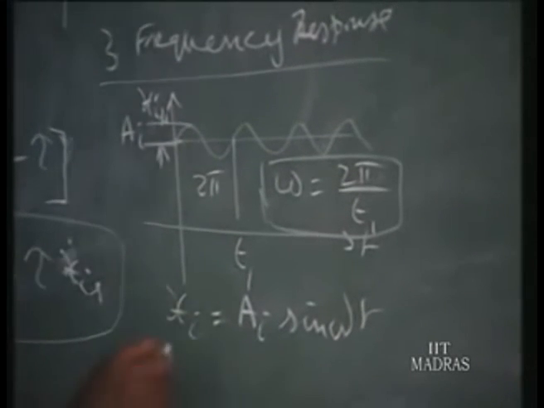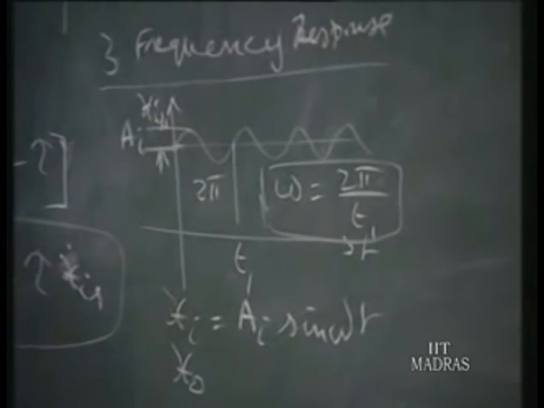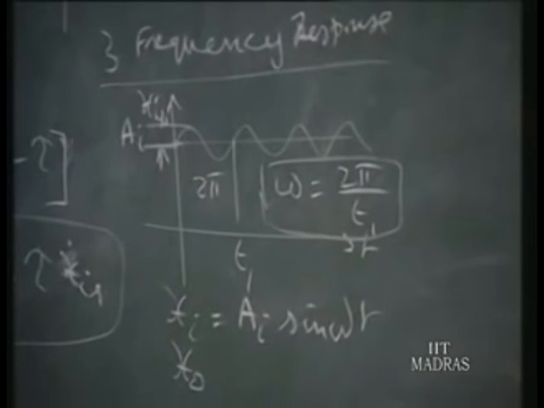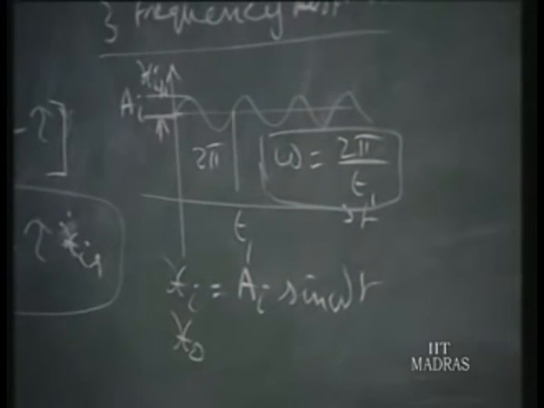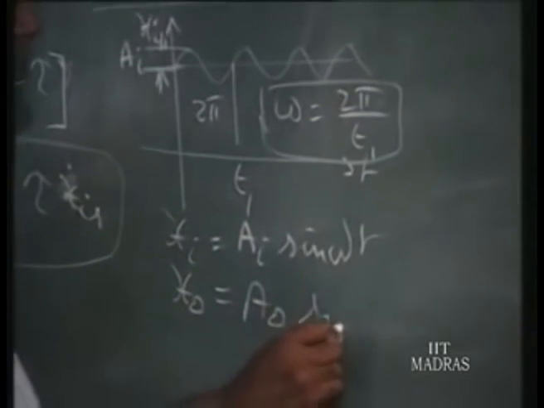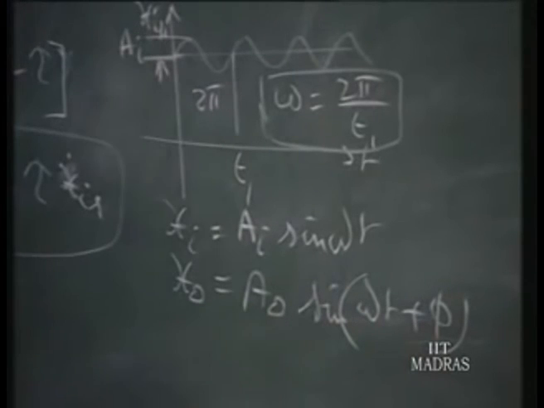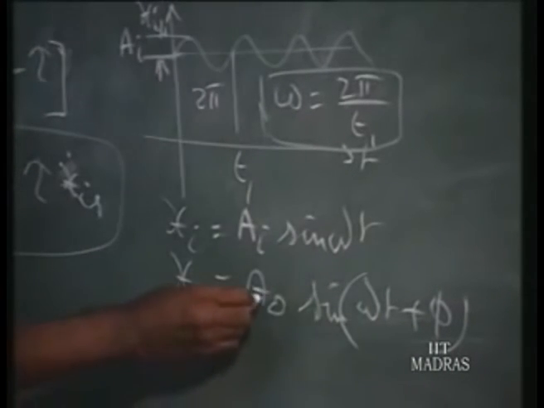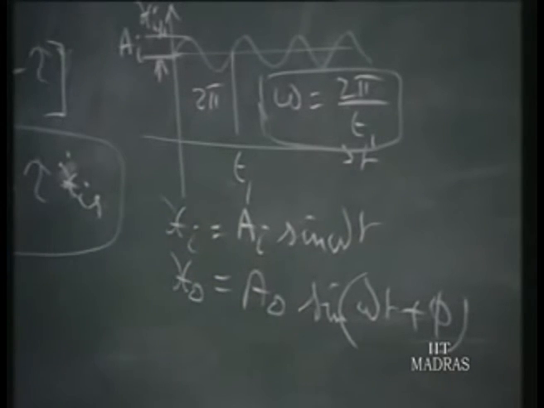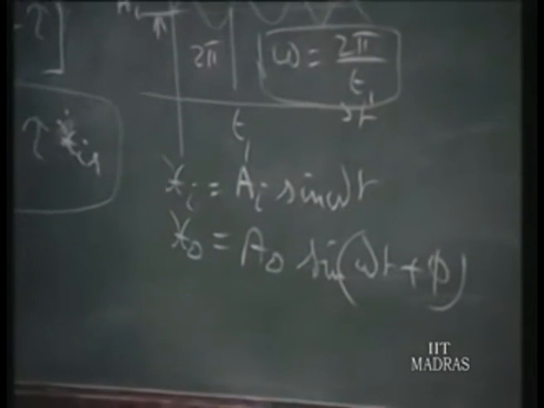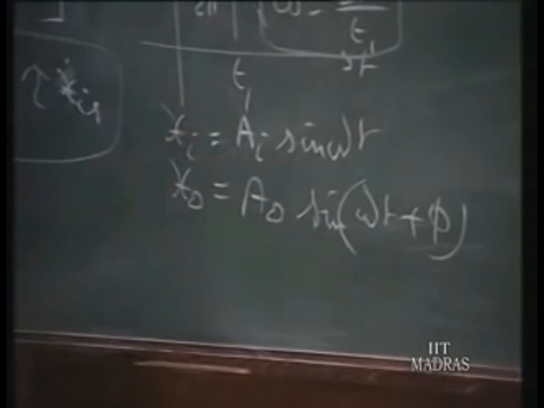Then the output signal, as we have seen earlier, after some transient, will settle at a particular value. So that is equal to, we can write in terms of sin omega t plus phi. So output will be of this nature, where AO may not be the same as AI, mostly it will be different from AI.